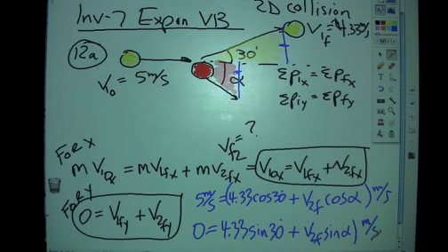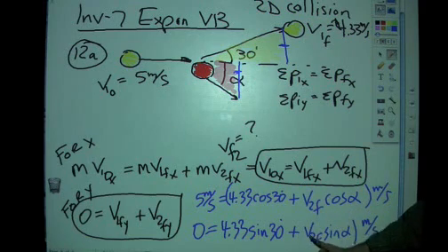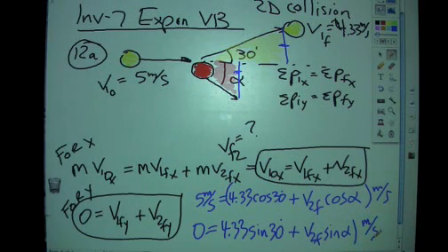Two, right? Two unknowns and two equations. So I can go ahead and do all my math, get all my numbers, and I'll pause and do all the number crunching.